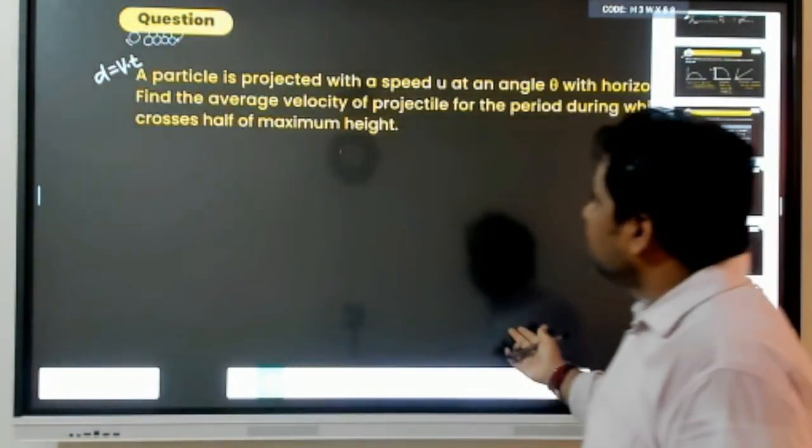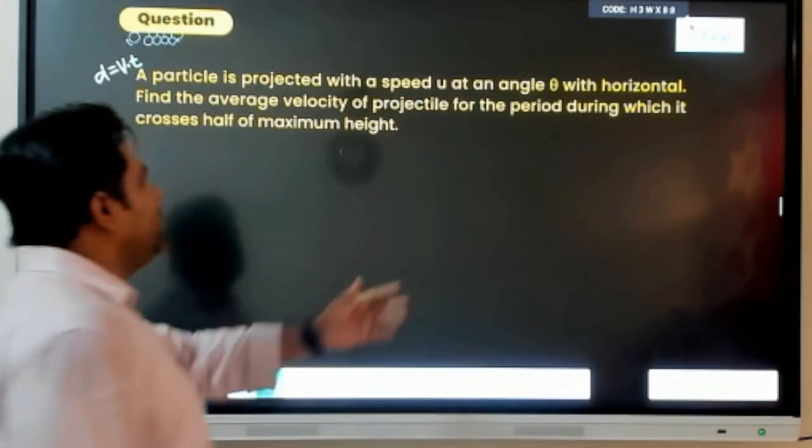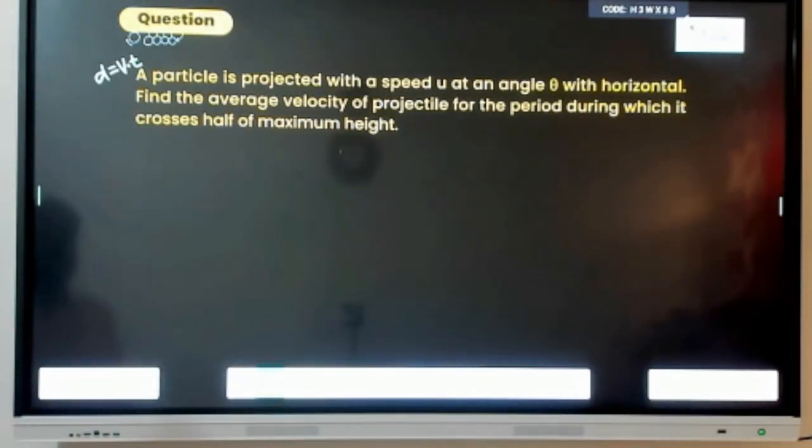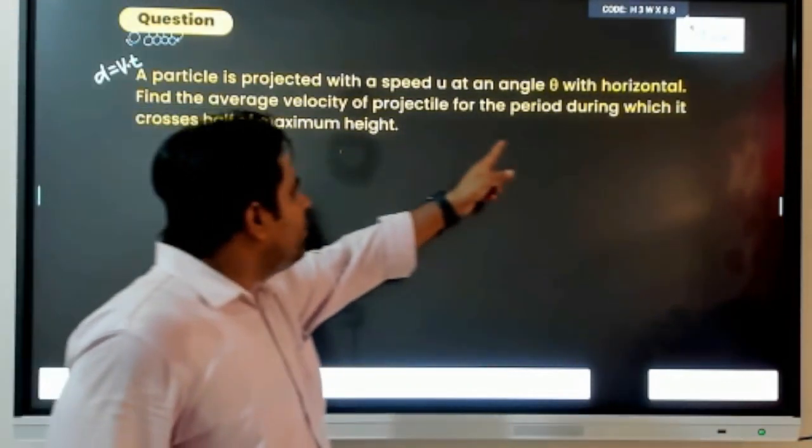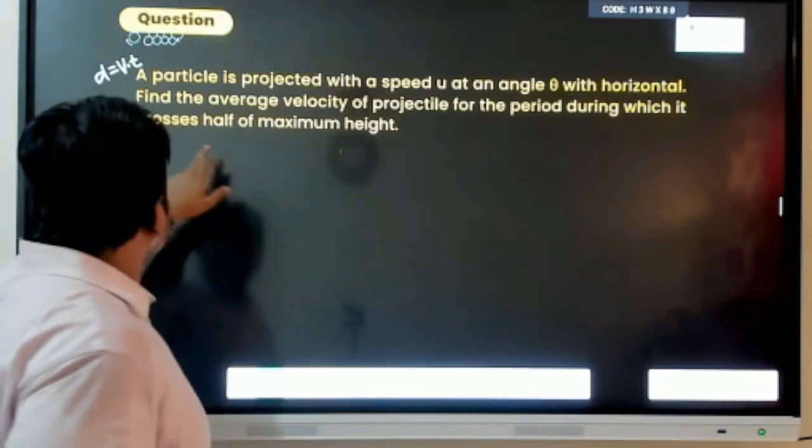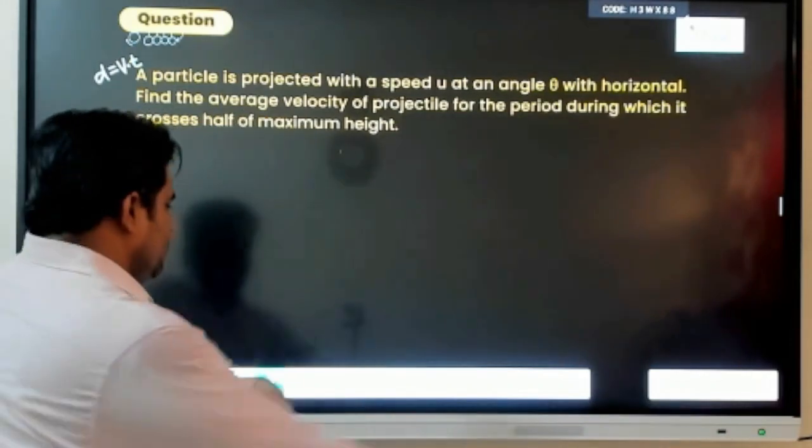See guys, here a particle is projected with a speed u at an angle theta with the horizontal. Find the average velocity of the projectile for the period during which it crosses half of the maximum height.